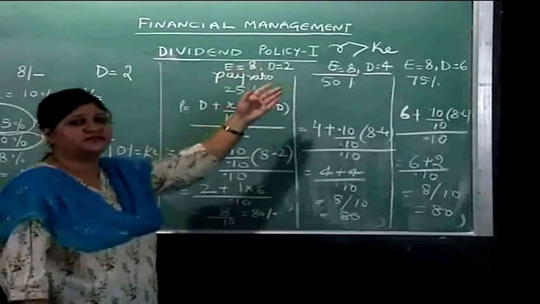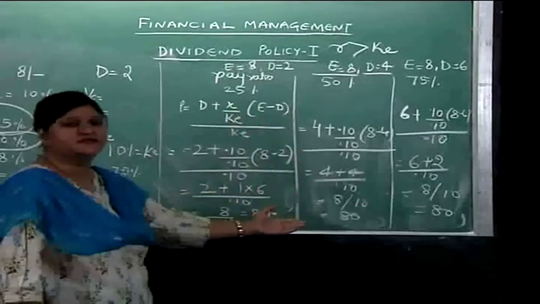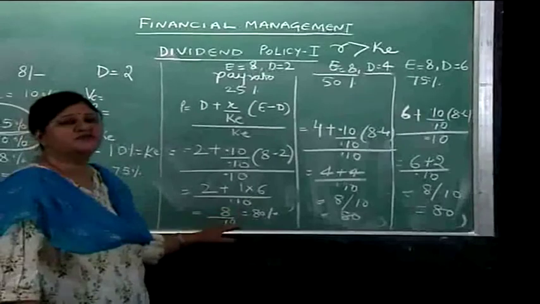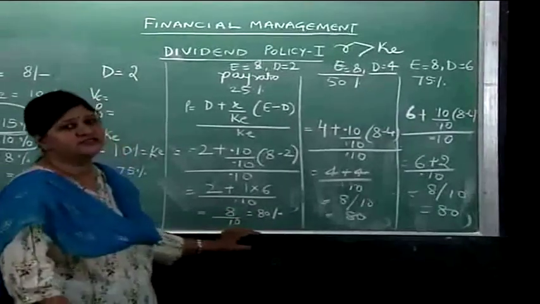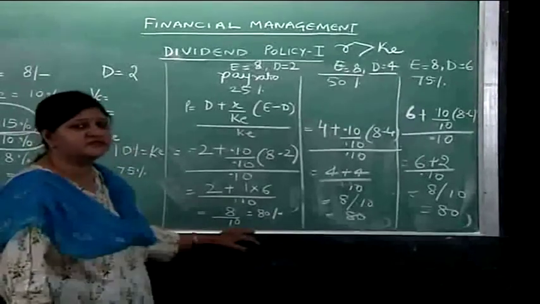If it's 50%, even then we are getting 80 rupees, and even if it's 75%, we are getting the price as 80 rupees. So this is a situation, or we can say it's an indifferent point, whether we are going to pay the dividend or retain the dividend. It's not going to affect the market price, because our rate of return is equal to the cost of capital.